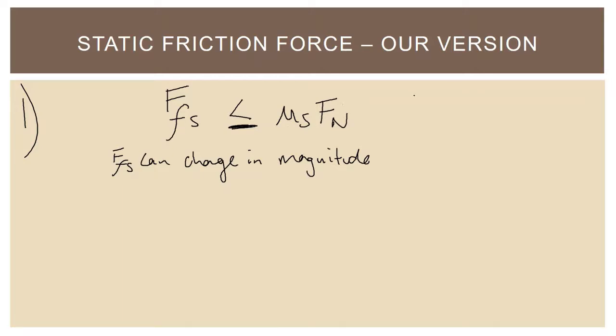So let's actually label those terms here. Mu with the subscript s is called the coefficient of static friction. And the thing to know about the coefficient of static friction is that it's a unitless number.